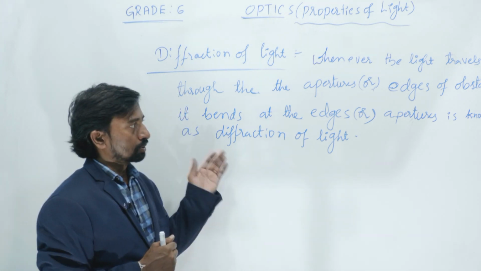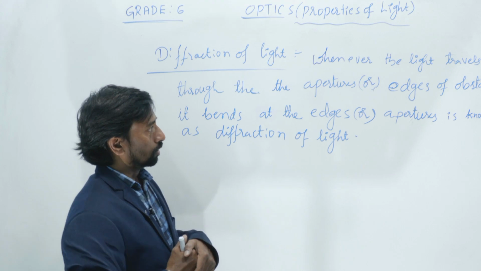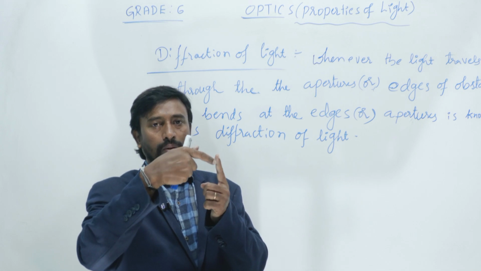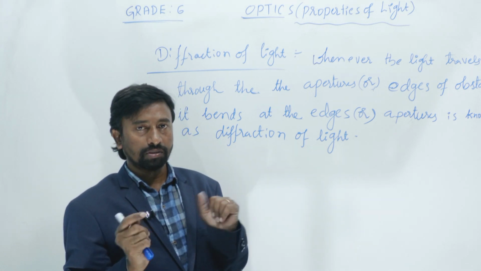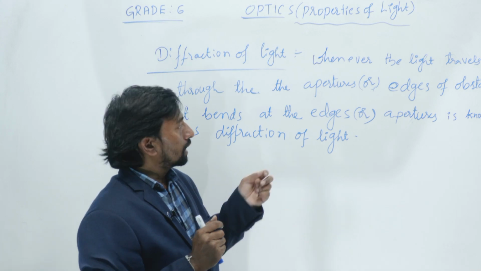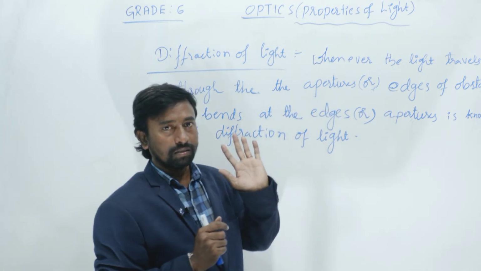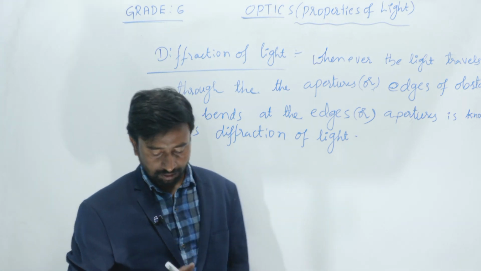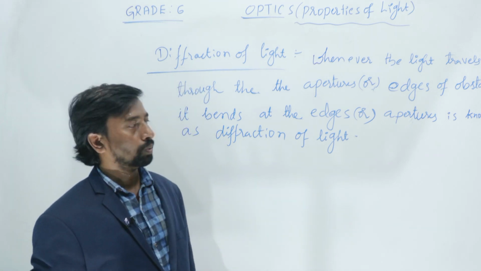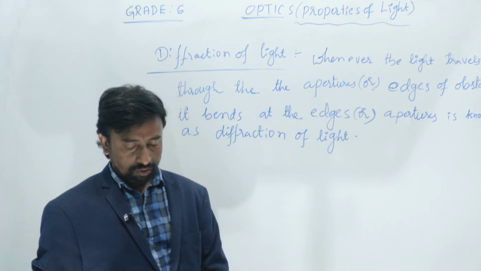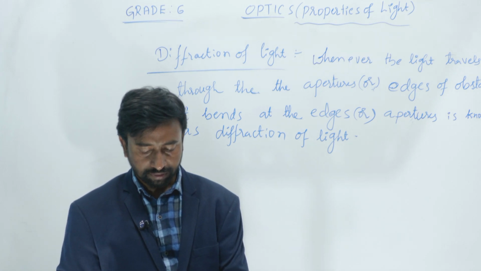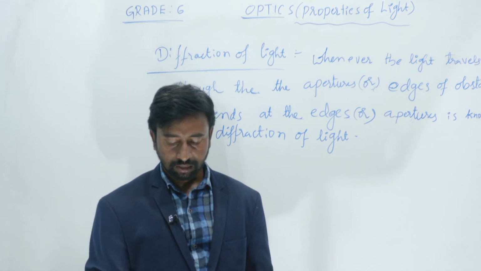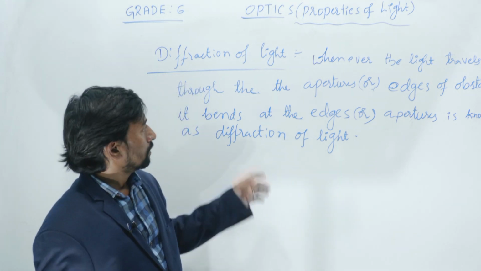Whenever it travels through those edges of obstacles and apertures, whatever the type of aperture or slit, it bends around the slits, apertures and edges and travels on. That phenomenon of light is known as diffraction of light. We can learn this in detail in higher studies, in intermediate, but here it is necessary to understand the phenomenon of diffraction.